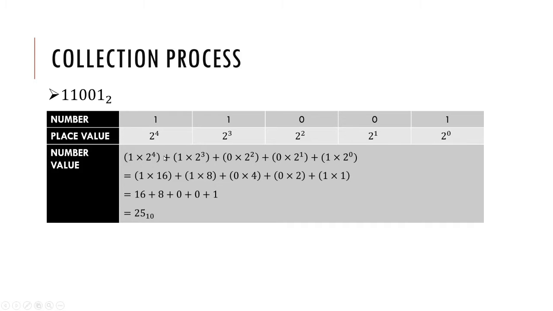And then we add the digit value of the next digit, which is the digit value addition of this number. 1 times 2 power of 3 plus 0 times 2 power of 2 plus 0 times 2 power of 1 plus 1 times 2 power of 0, and then we calculate it. We get the final answer, which is 25 base 10.